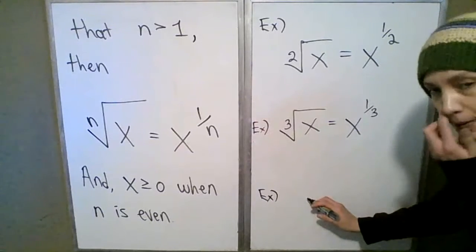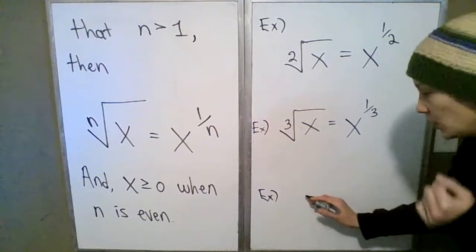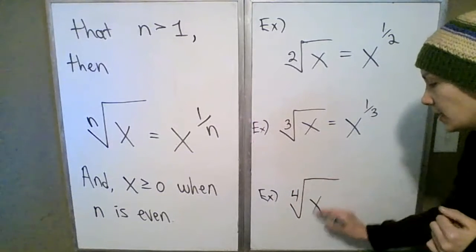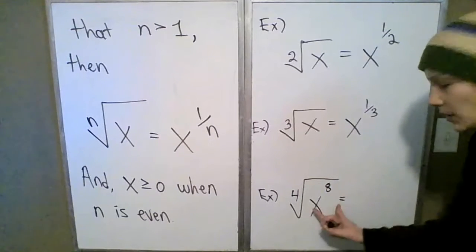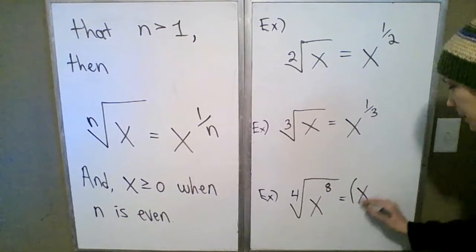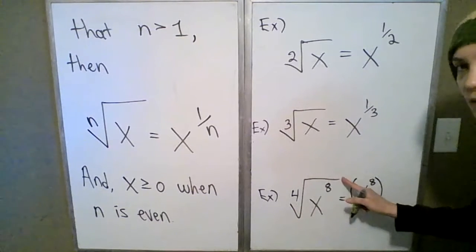What I'm going to do now is let's do a 4th root of x to the 8th. So take what's under the root, the x to the 8th, and keep it in parentheses. And this is a power of 1/4.